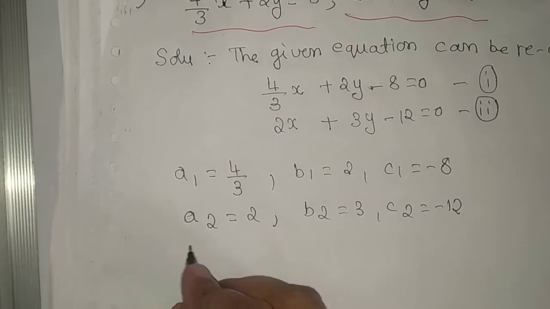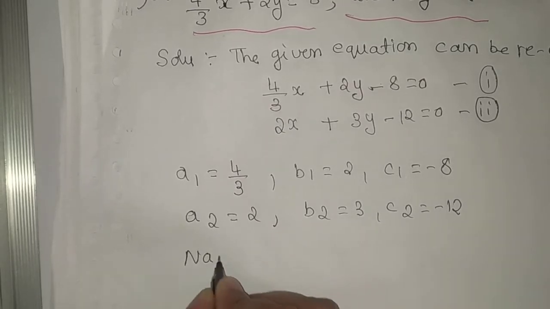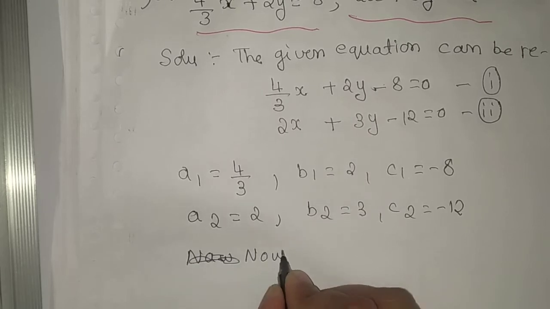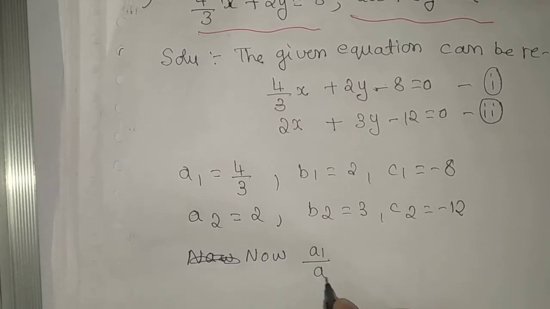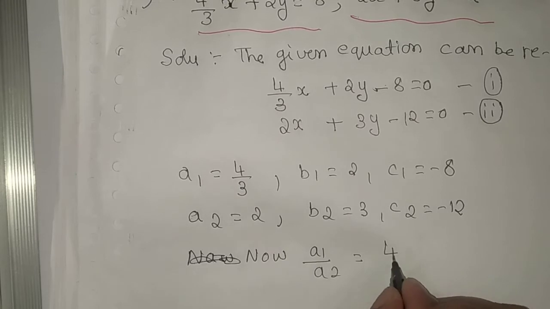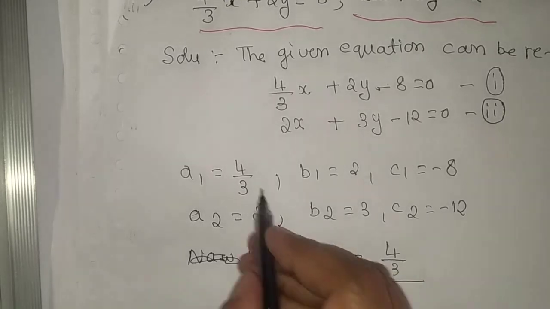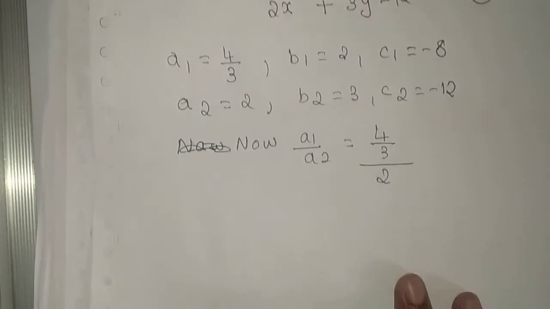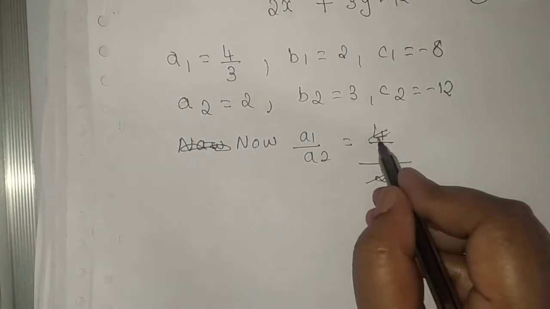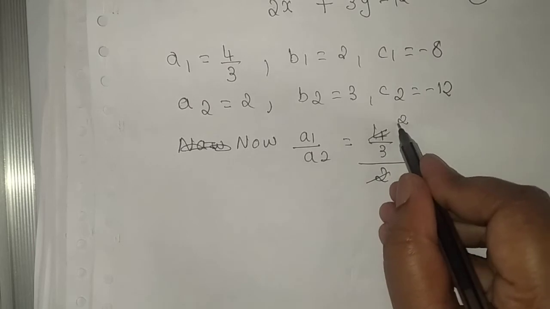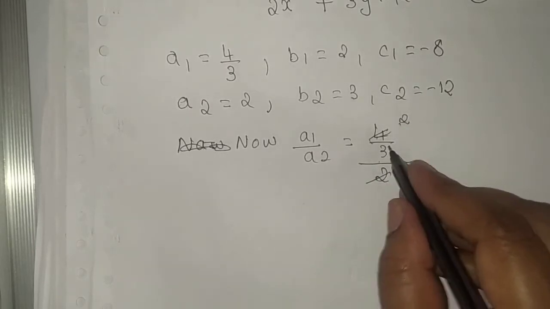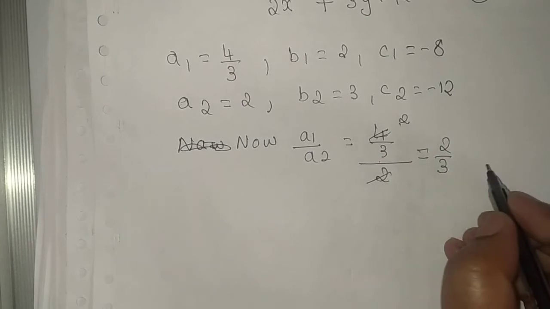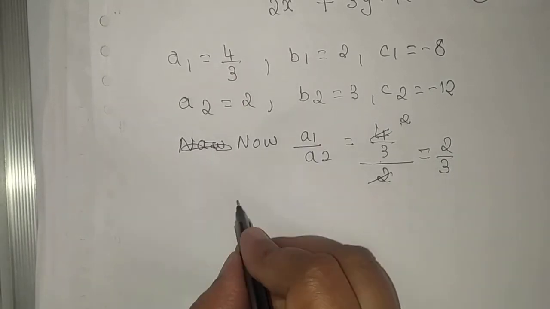So now next step is a1 by a2 is equal to 4 by 3 by 2. How to simplify this? See here, 2 ones are 2, 2 twos are 4. So the 2 comes as the numerator and 3 goes down as the denominator. This is 2 by 3.